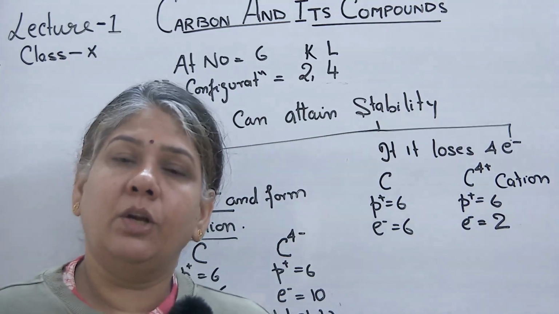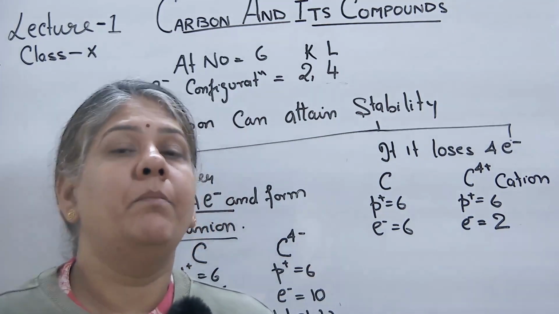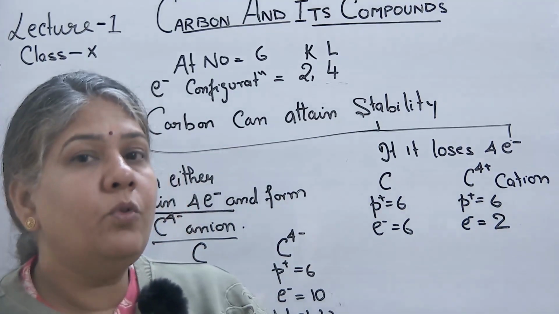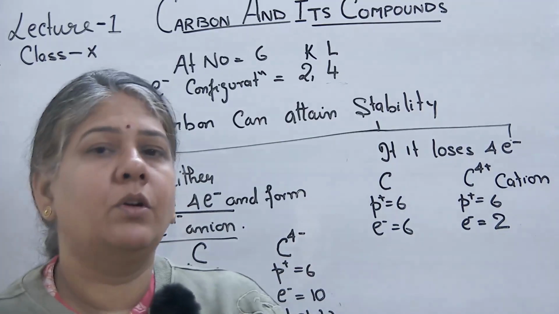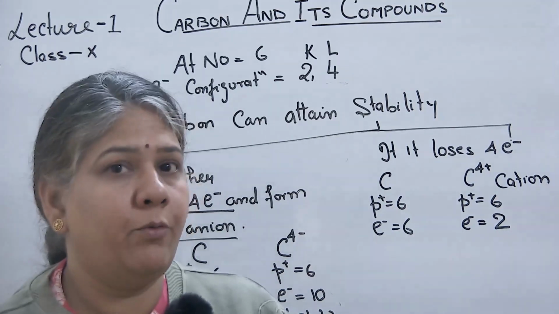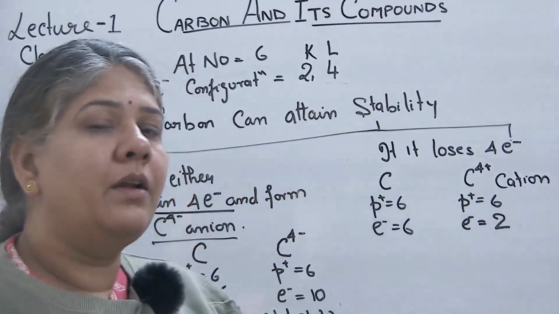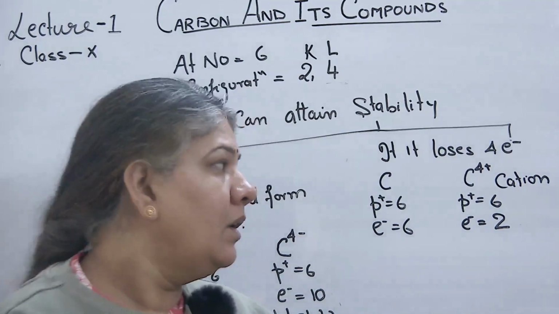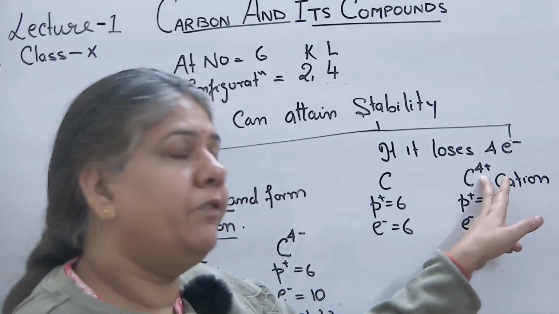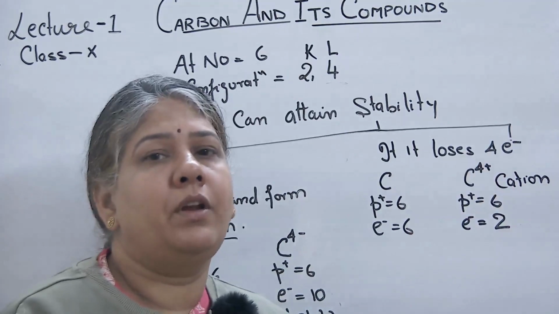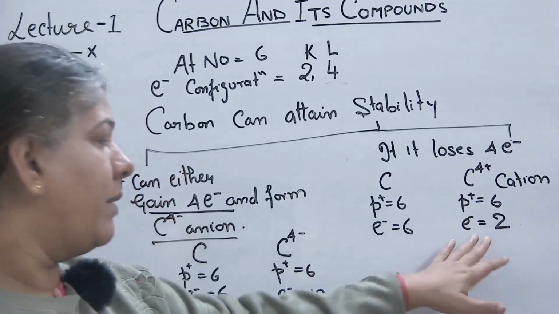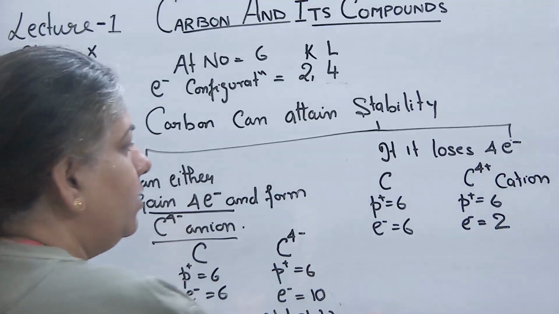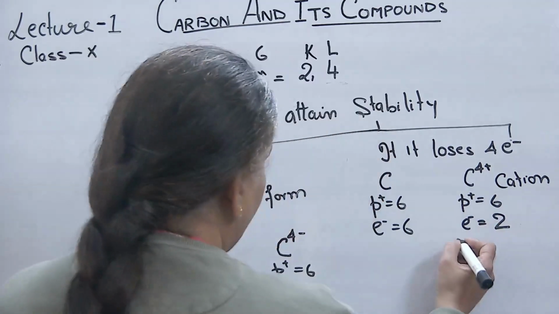Then the energy required to remove the third electron will be much higher. So to remove 4 electrons, too much energy will be required because electrons are lost one by one, and every time the energy requirement will increase. Hence, formation of the C4 cation will require a lot of energy. Again, this possibility is also not happening. So this is also not stable.